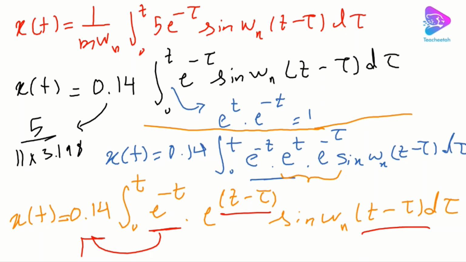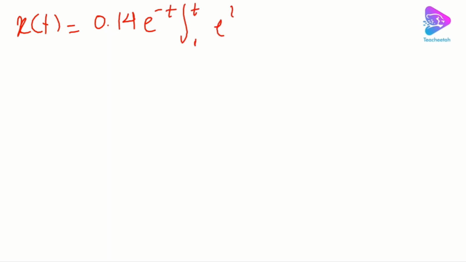So if we do so, and I further simplify the integration, we get x(t) equal to 0.14 e^(-t) integral from 0 to t of e^(t-τ) sin(ωn(t-τ)) dτ.